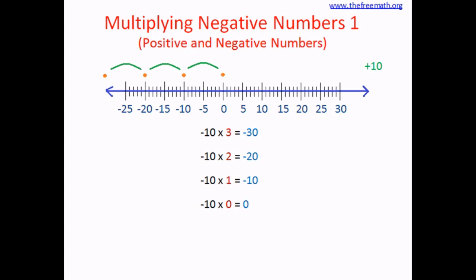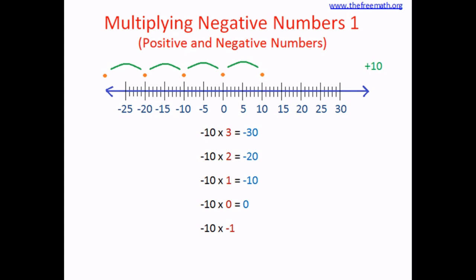So what happens if I reduce the multiplier further by 1? That means what happens when I do negative 10 multiplied by negative 1? Because 1 less than 0 is negative 1. So now I'm going to multiply negative 10 by negative 1. Now my product should be 10 more than the previous product, or it should be 10 places to the right of the previous product.